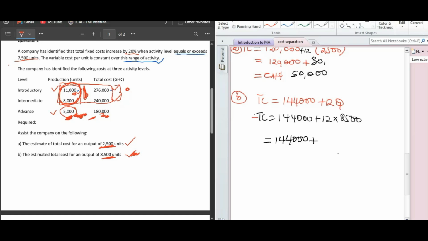That will give me 102,000. So my total cost should be equal to 102,000 plus 144,000. That is 246,000 Ghana cedis. So when you have a step fixed cost, this is how you go about it.